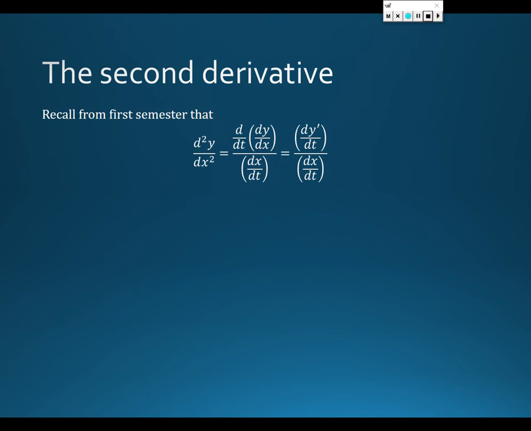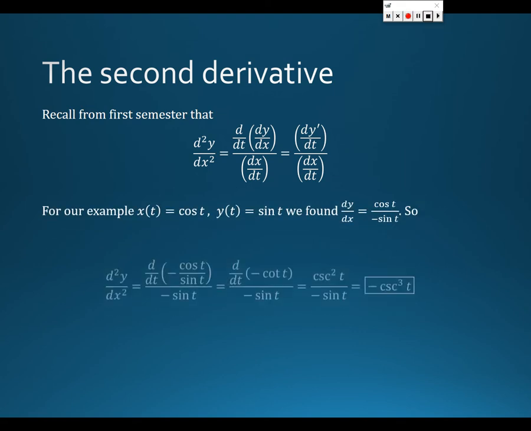The second derivative, again, recall from first semester, is a little messy. It's the same thing we had before. Just take one more derivative of dy/dx.